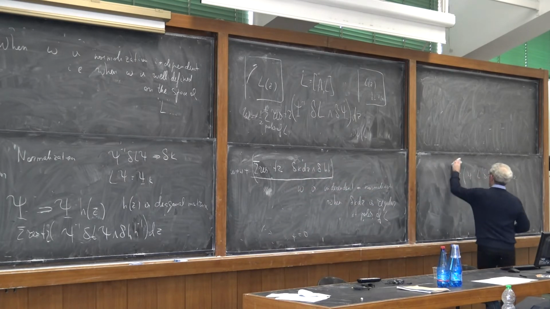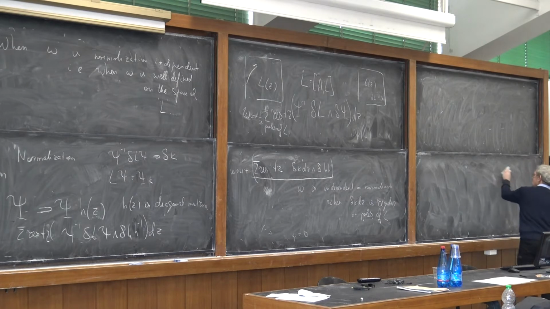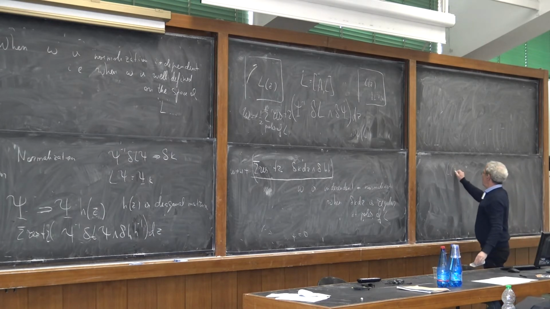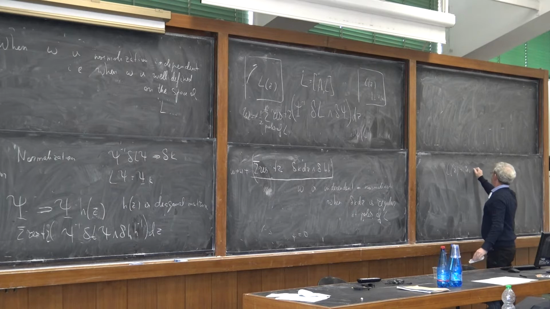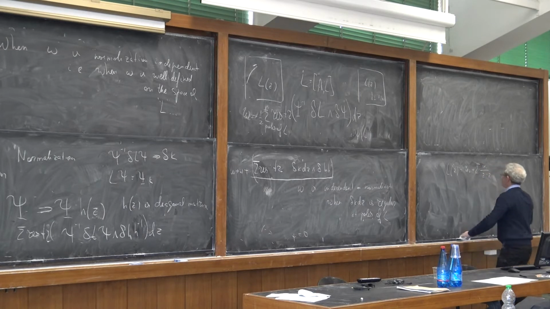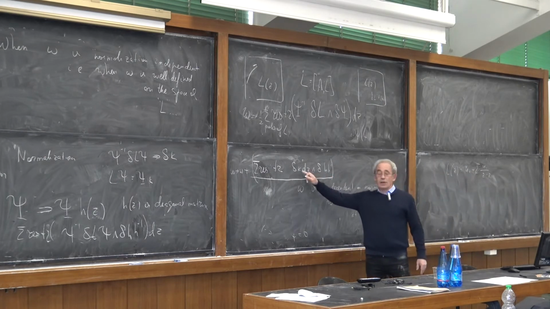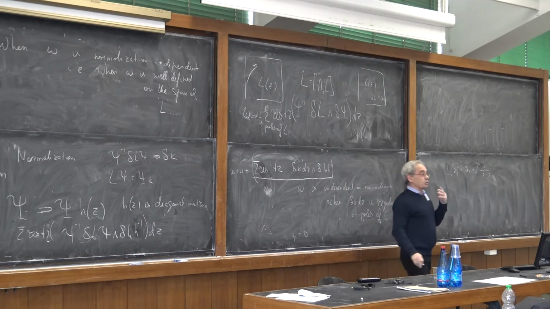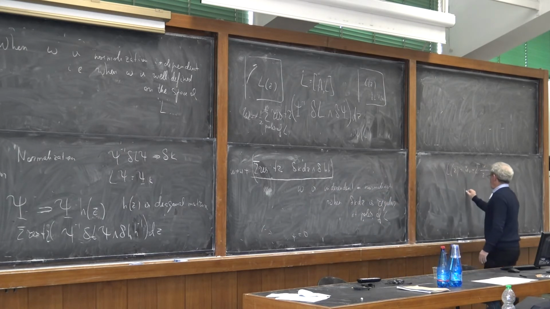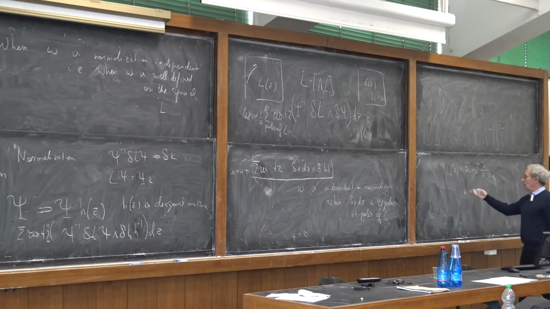Let's take the example. L of z is u naught plus sum of u_i over z minus z_i. This is our first example. K is an eigenvalue of L. K has poles where? K, the eigenvalue of this matrix, has poles at points z_i.